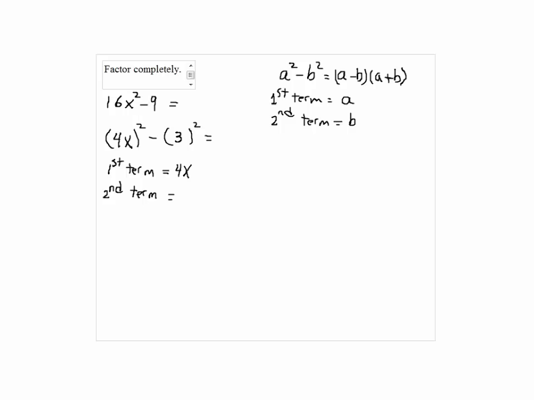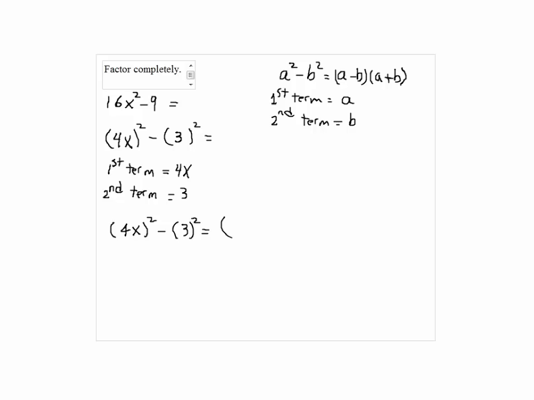Here we have 16x to the power of 2. So if I put 4x here, 4 times 4 is 16, x times x is x squared. And here, if I put 3, then I can make this a difference of squares.